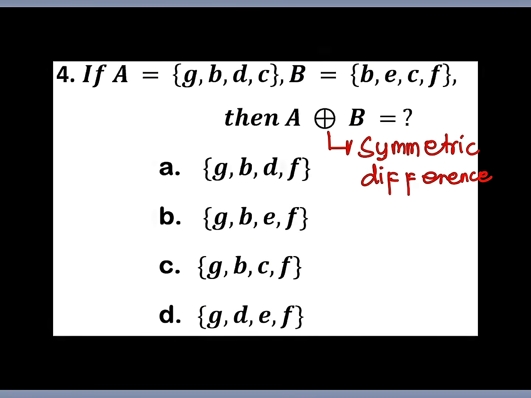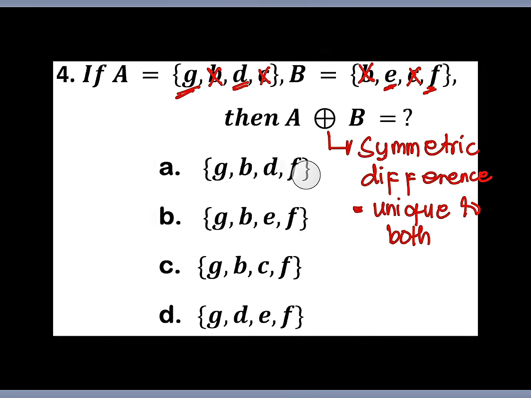Again, we need to cross match the same elements, so that we can identify the unique elements coming from A and B. Remove the B because they are common to both, and also C. So the remaining ones are G, D, E, and F.